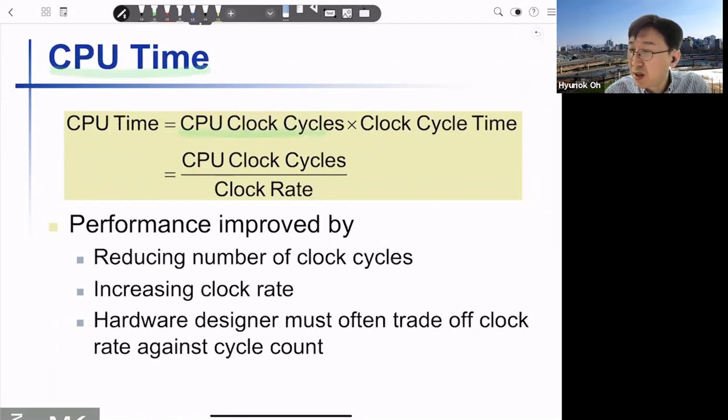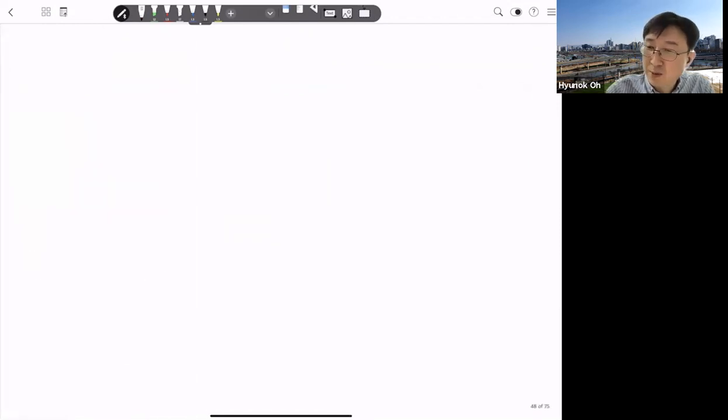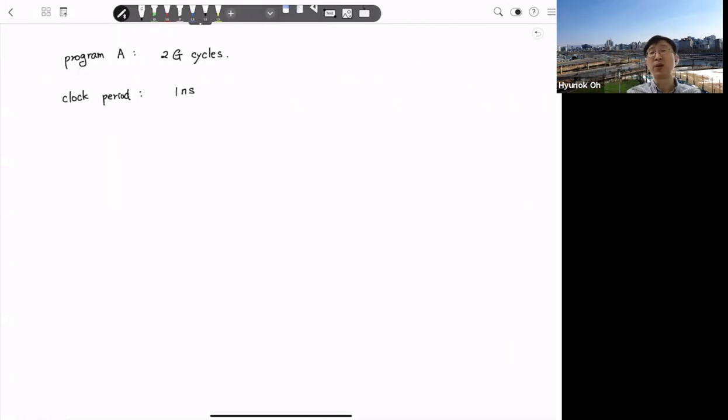And also, how many cycles do we need? For instance, if we have a program A, to complete this program A, let's say we need 2 gigacycles. So we need 2 giga clock cycles to complete program A, and the clock period is 1 nanosecond, so per cycle we need 1 nanosecond.